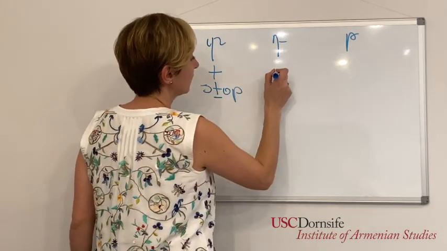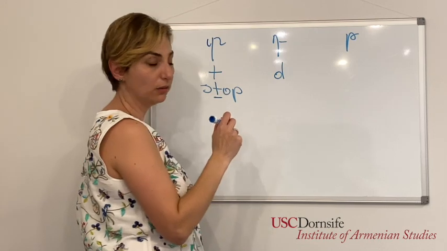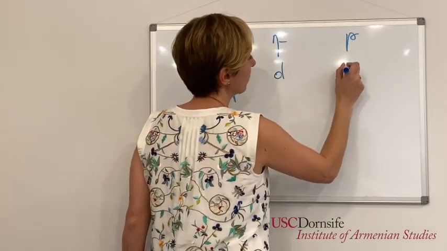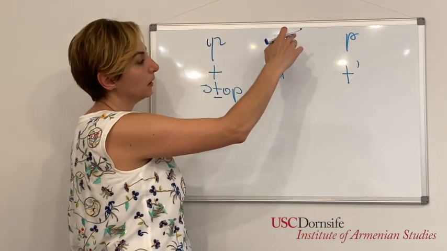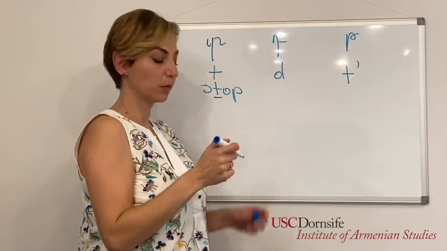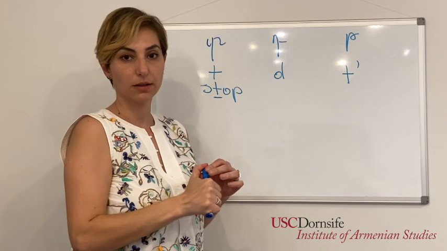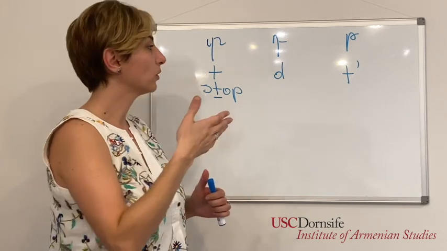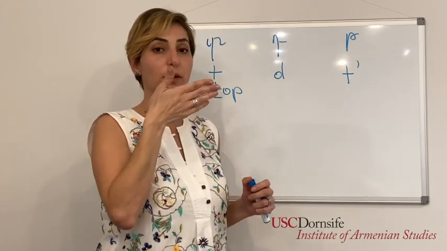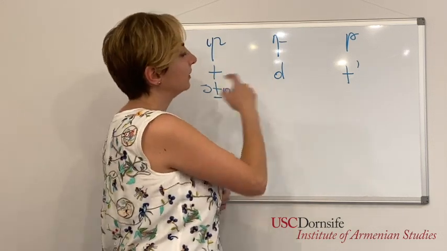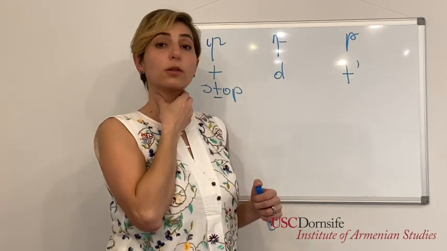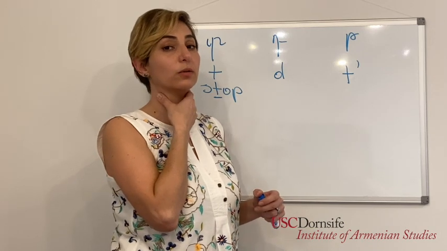The second is equivalent to your English D sound, and the third is equivalent to the English T sound. And I'm going to put this apostrophe to show aspiration. Aspiration is just a fancy word for a puff of air coming out. So if you were to put your hand in front of your mouth and say T, you should feel a puff of air, yeah? And D is voiced, meaning your vocal cords vibrate when you make the sound.